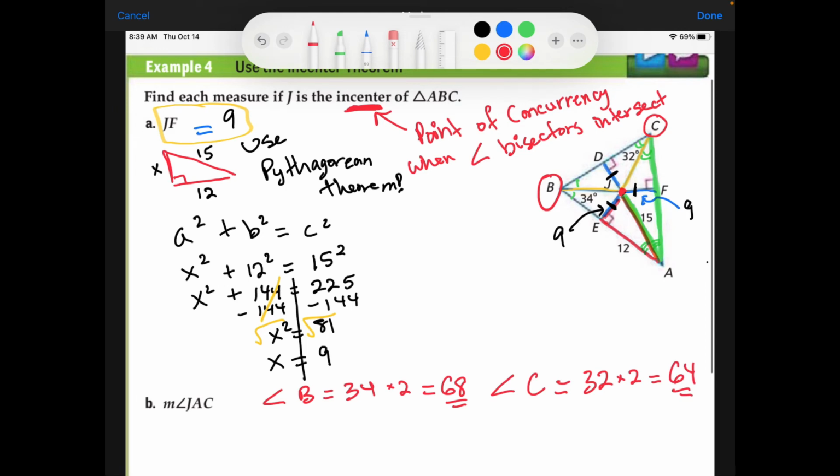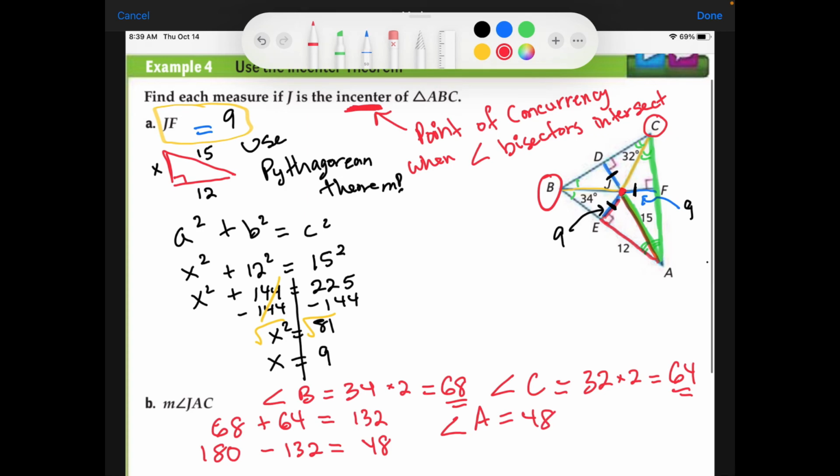And now, if I add them, I can subtract it from 180 to find my angle A. So I can say 68 plus 64 is 132. Subtract that from 180, because we know the total angles inside of a triangle equals 180. So to find the measure of angle A, I go 180 minus 132 equals 48. So the measure of angle A equals 48 degrees.